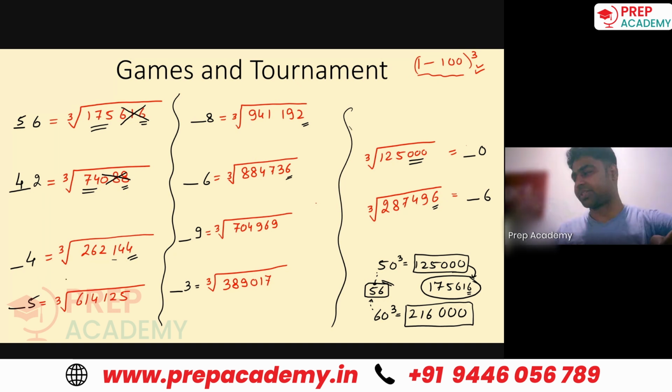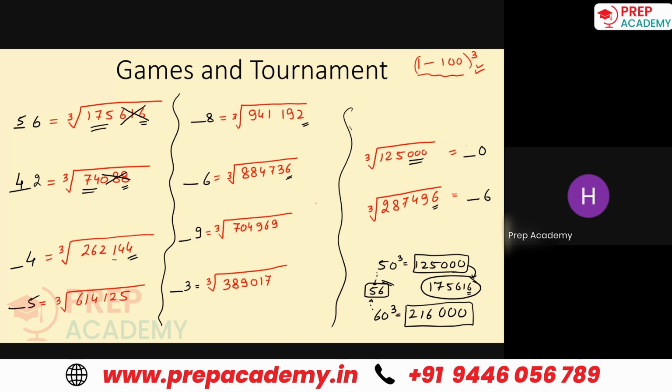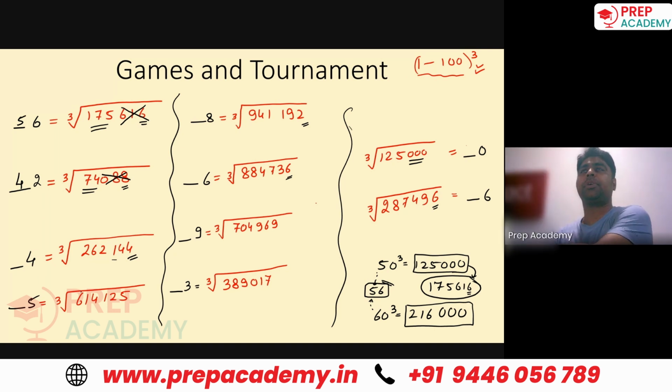Now just solve the next question. Let's see who gets the answer first. 64. Very good. Because lesser than 262 would be 216. So that is 64.